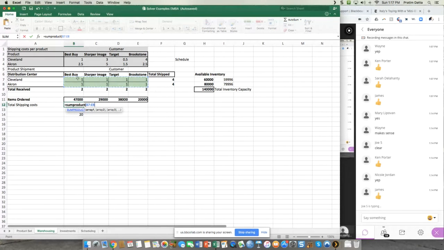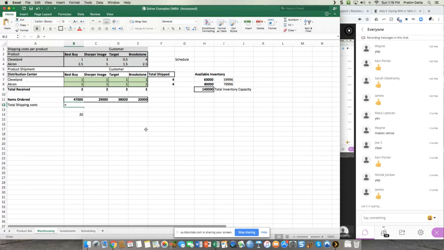You have to remember where you're starting and where you're ending, right? This is exactly going to be the same as 1 times 1 plus 1 times 3 plus 1 times 1.5 plus 1 times 4 plus 1 times 2.5 plus 1 times 5 plus 1 times 1.5 plus 1 times 2.5. And there, 20.